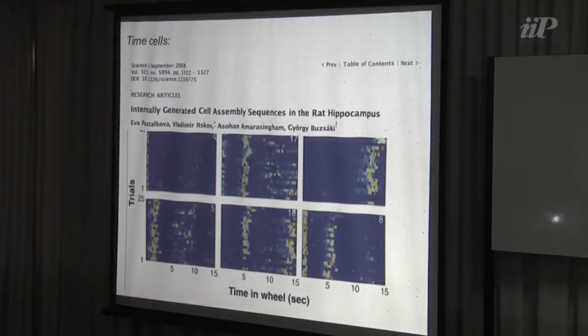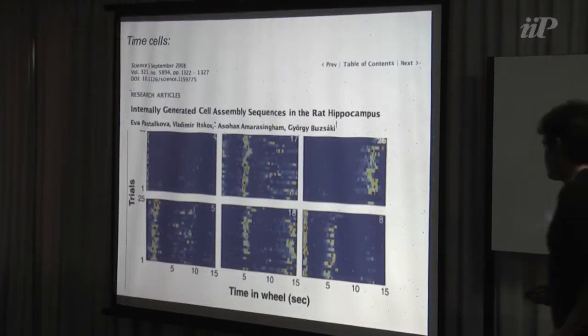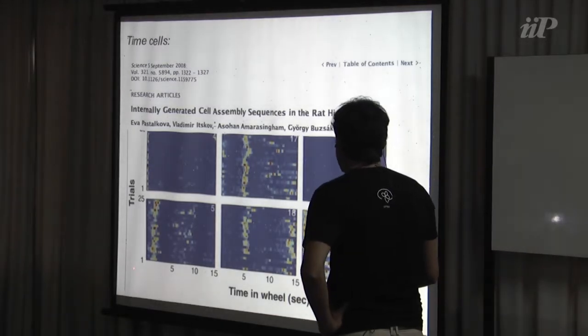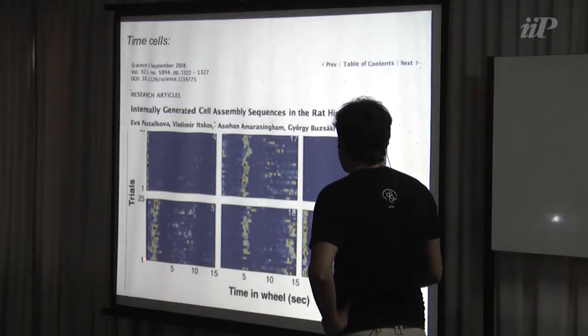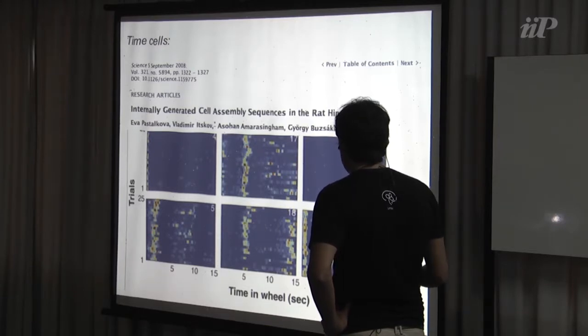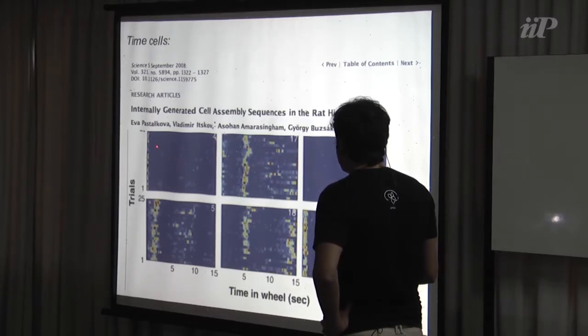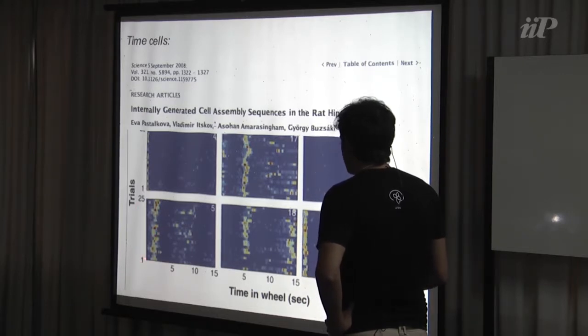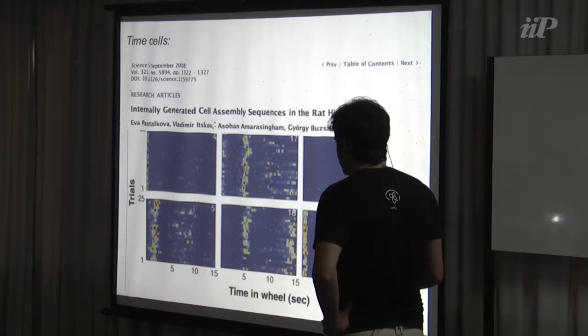Okay. So here is the period inside this running wheel. We have time on the x-axis, and these are not different neurons. Each rectangle denotes the same cell, plotted over several trials. The result is that when the animal got inside the wheel, this cell would always spike when, say, 2 seconds had passed, across different trials.